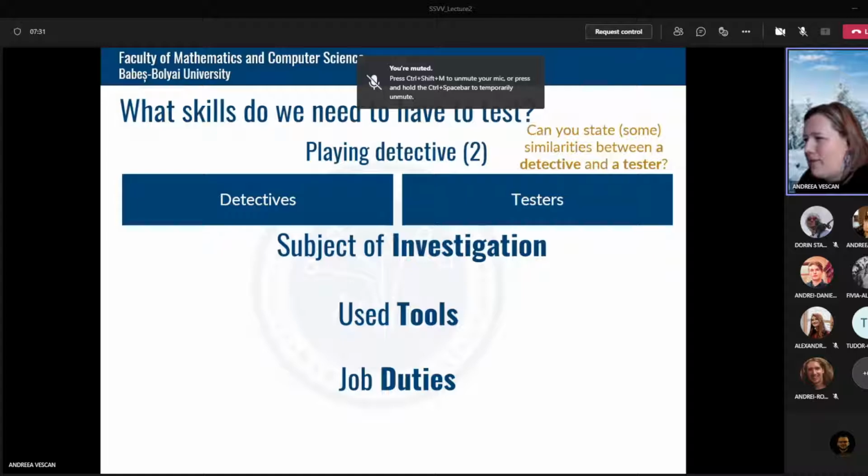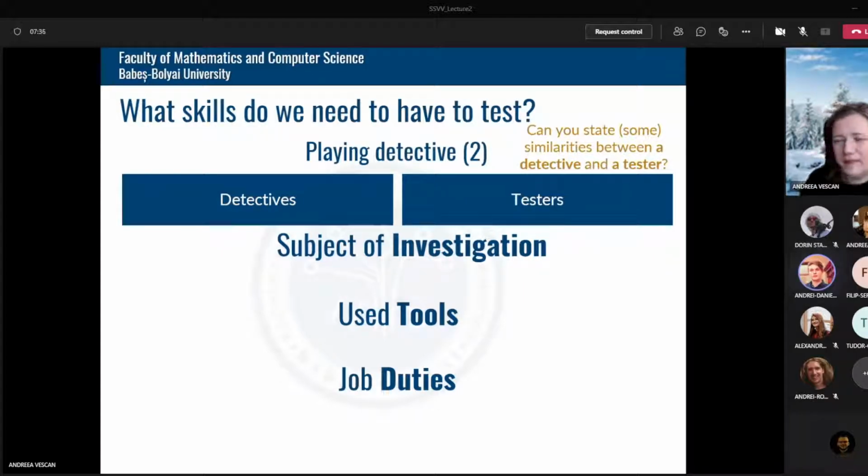I mean, they seem quite different. A tester basically has his own mind as a tool, and the computer or the software that he's working on, while a detective has a larger suite of tools, while also including, of course, his own mind for trying to solve things, and maybe some computers as well, who knows.